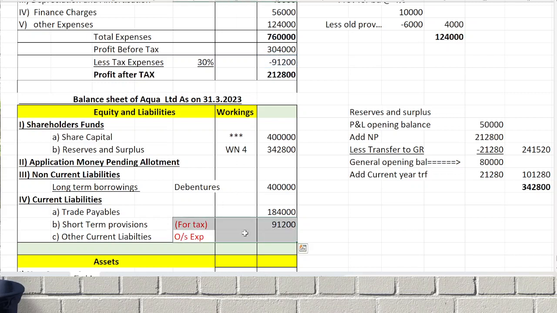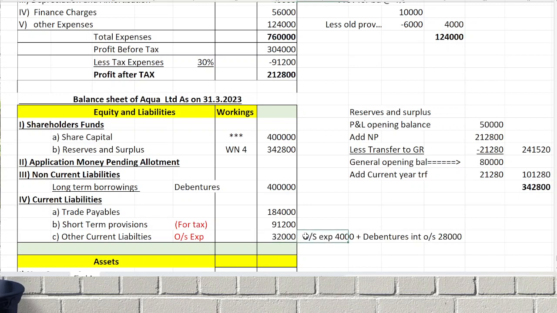See what outstanding expenses are there here. What outstanding expenses are there? How much is given? 4,000 plus debenture interest. Outstanding is given in the trial balance, on the credit side as liability. 28,000. Since it is given in the trial balance, we have not adjusted this in the balance sheet.